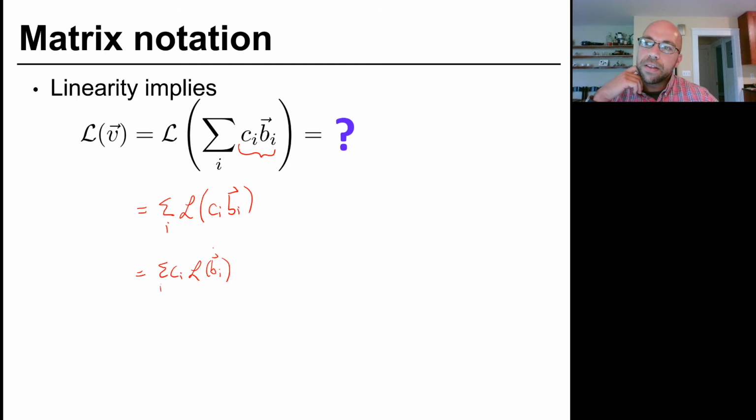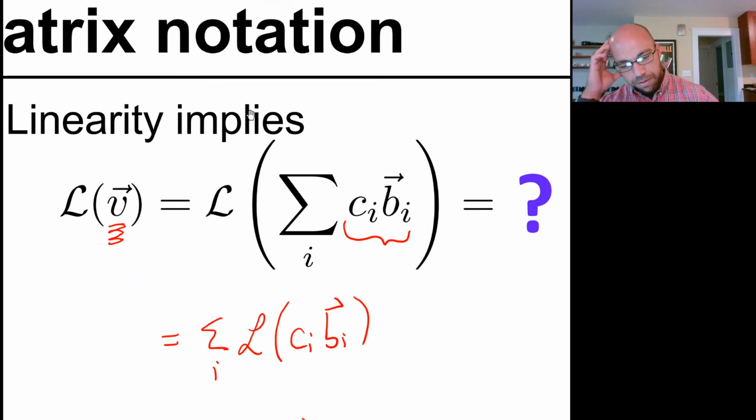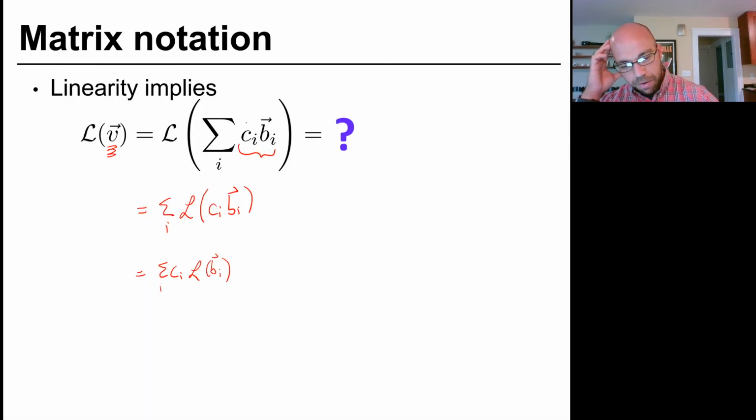Okay. So why bother doing that? Here's the thing. What specifies my vector V? Well, in effect, what specifies a particular vector in a vector space is nothing more than its coordinates, right? These numbers C. The basis is a property of the vector space itself, not a property of the particular vector.